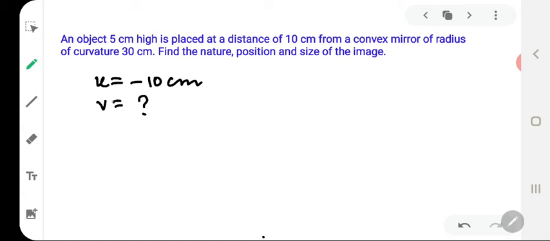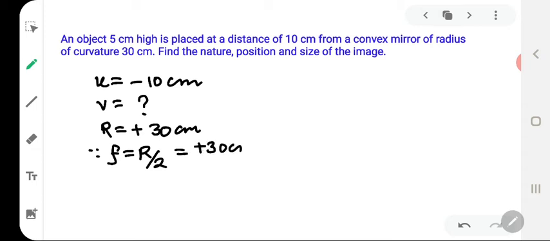Again, radius of curvature is 30 centimeter. Since it is a convex mirror, radius of curvature is positive. Now we have to find out the focal length. Since f is equal to r by 2, that will give us plus 30 centimeter divided by 2, that is equal to plus 15 centimeter.